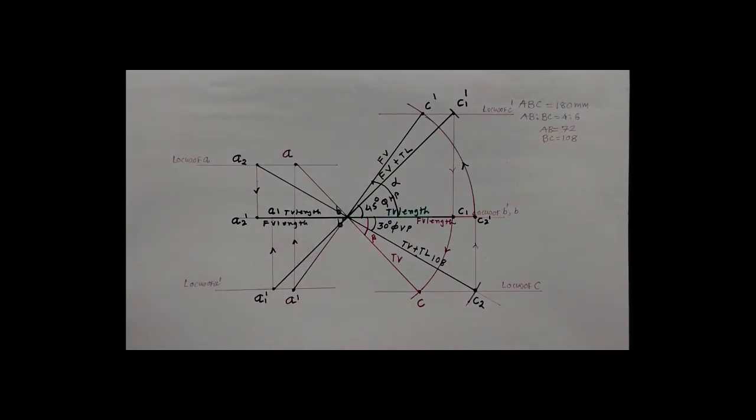So the line intersects between the third quadrant, the first quadrant, and one point exactly on the XY line. So do more practice and increase your confidence in projection of lines. You can start the exercises of the reference book yourself. Thank you.